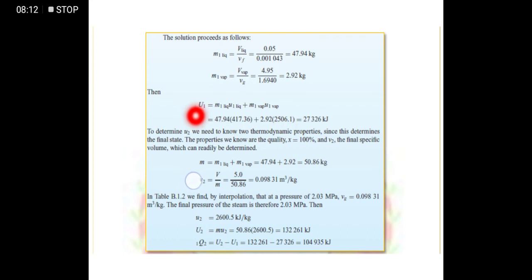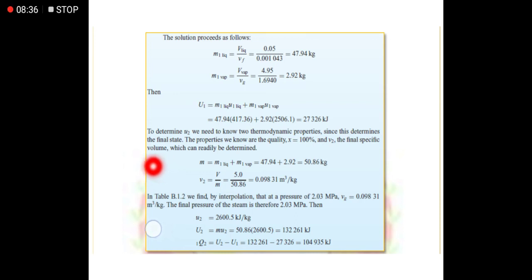Okay. So U1 is equal to mass of liquid times U1 liquid, plus the vapor part. Gagamitin lang natin yung equation natin for our internal energy, and after that, makukuha na natin yung total internal energy at state 1. Same for to determine the U2, we need to know the thermodynamic properties since this determines the final state.